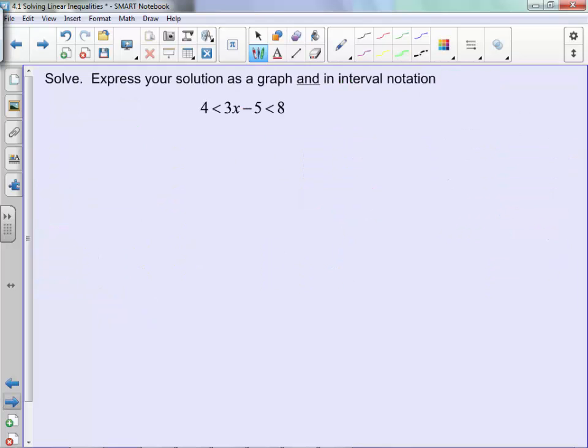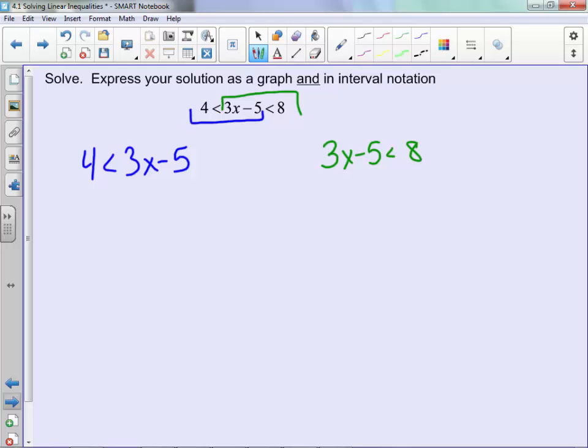So now we're going to solve this compound inequality, and then we're going to graph it and use interval notation. So the first thing, notice this means this middle thing has to be greater than 4, but we also have to have this whole thing less than 8, and we need it to fill both of those.